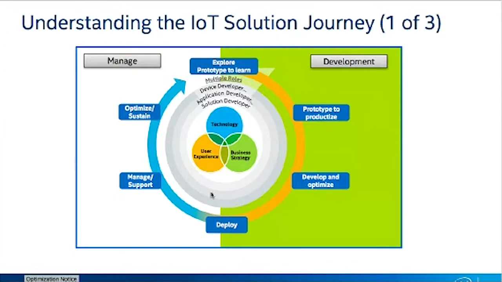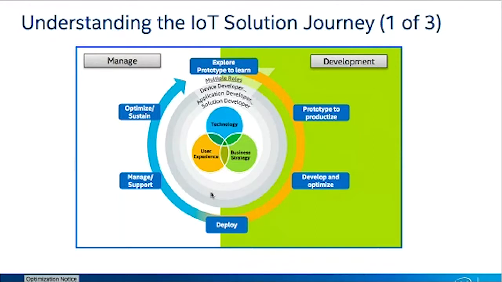So that's why when you're thinking about a solution, think about how the convergence of technology, user experience, and your business strategy comes together. And in an IoT solution, various types of developers will come together, and we will talk a little more about the type of developers you may have to involve in this case.